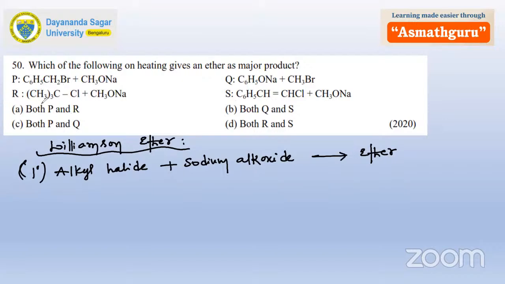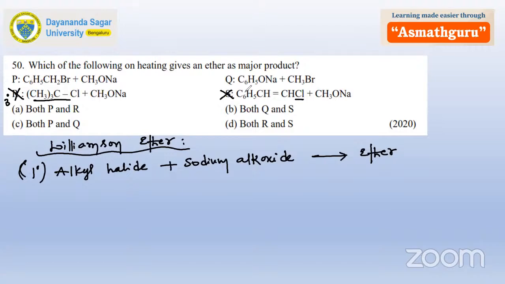Just look at the alkyl which is primary. In R, sir, this is tertiary, so R is ruled out. In S, the halogen is attached to a double-bonded carbon. This is a vinylic halide, so S is also ruled out.